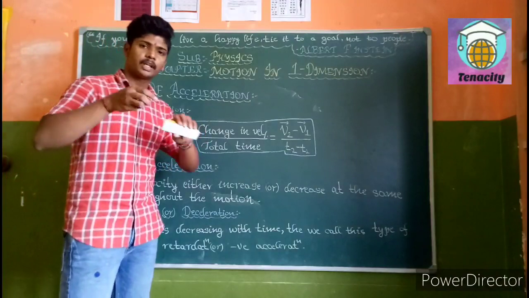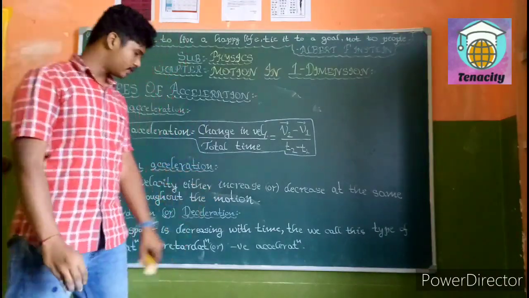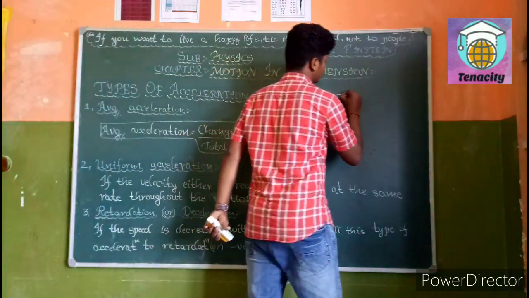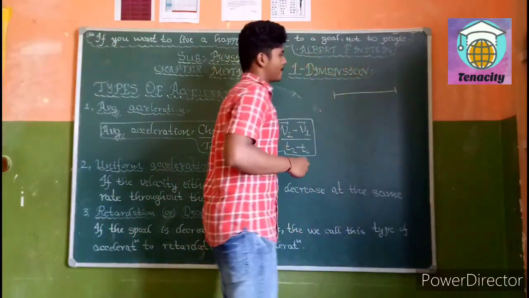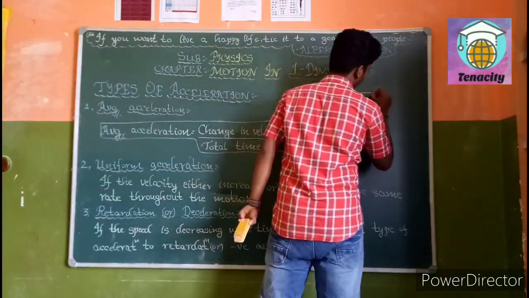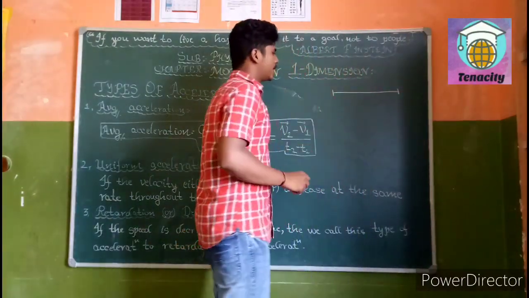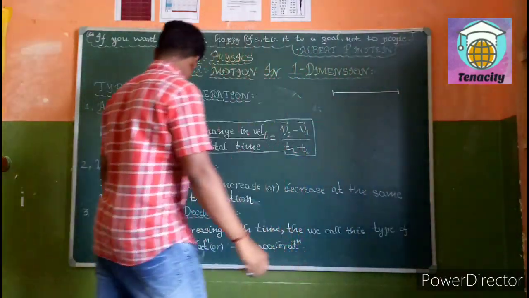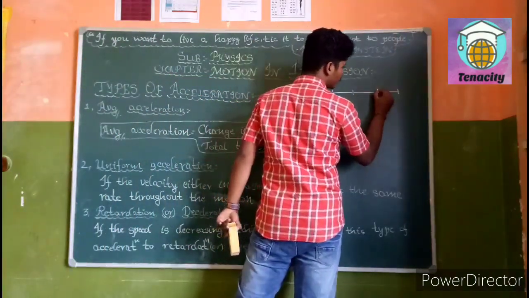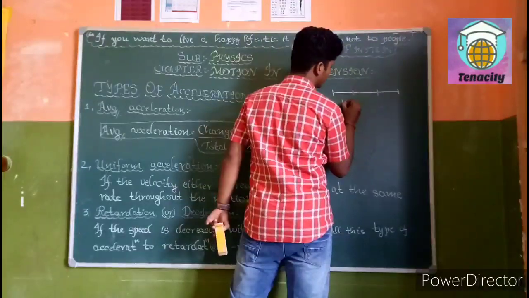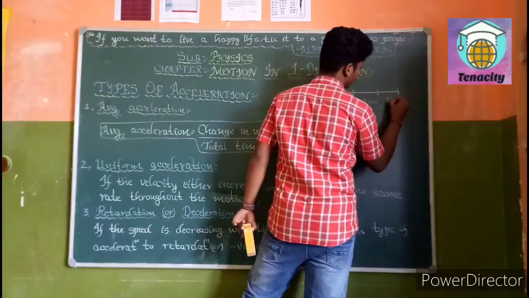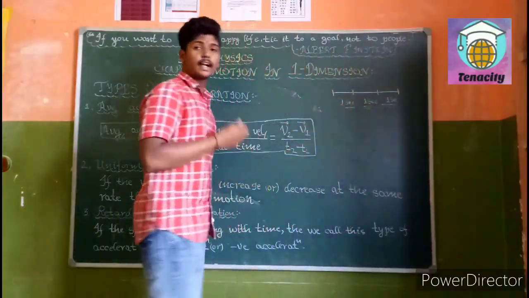If the velocity either increases or decreases at the same rate, that means, take a one-dimensional motion, and suppose you make intervals of 1 second, 1 second, 1 second.